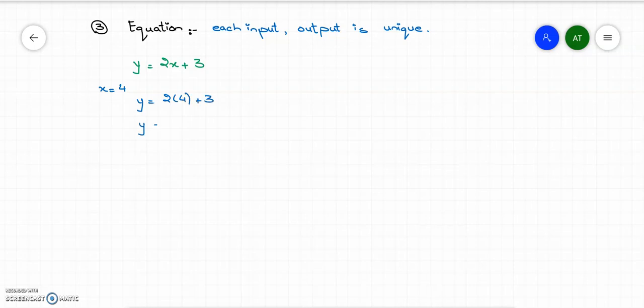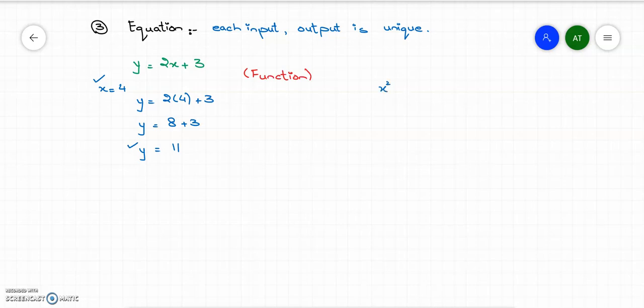So y = 8 + 3. So y = 11. When the input is 4, the output is 11. So for each input the output is unique. Then we can say that the given equation is a function.